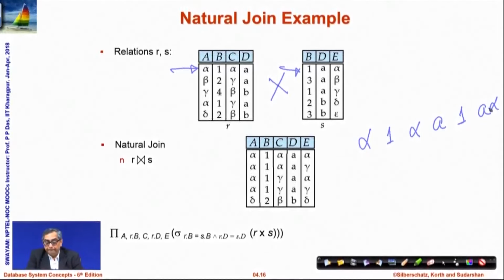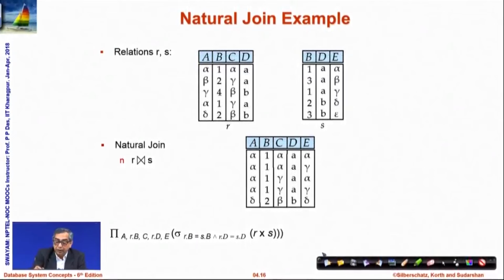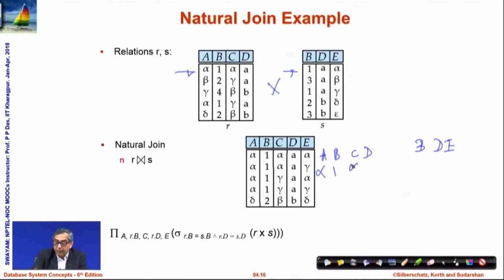Let me write it smaller. I am doing a Cartesian product, I am looking at this row and this row. So, I have A, B, C, D, I have B, D, E and alpha, A, 1, A, alpha. Now, they match on B, they match on D. So, this will get retained.